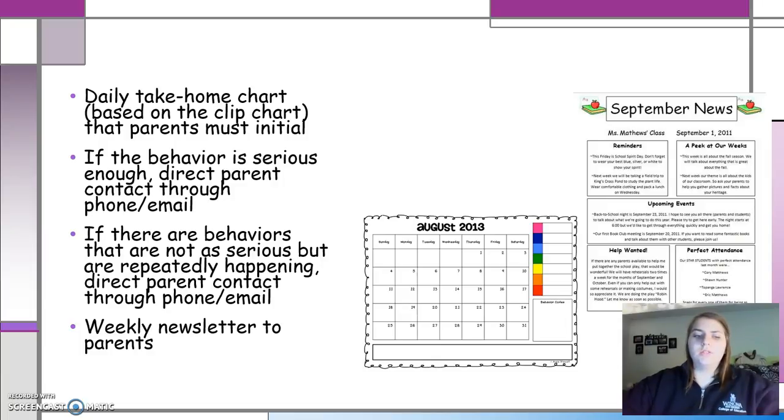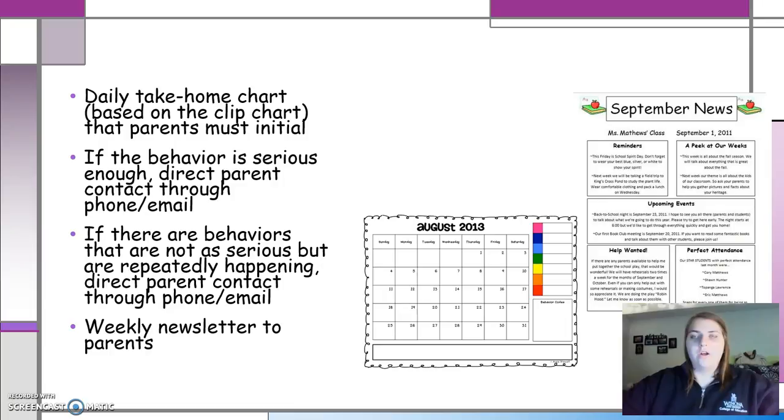And then also something that isn't really related to behavior but still parent communication is a weekly newsletter to my parents. I really want to be able to build a relationship with my parents, and I want to do that through keeping them in the know of everything that's going on in the school, in that grade level, possibly, and especially in my room.